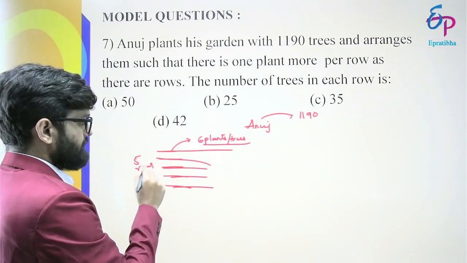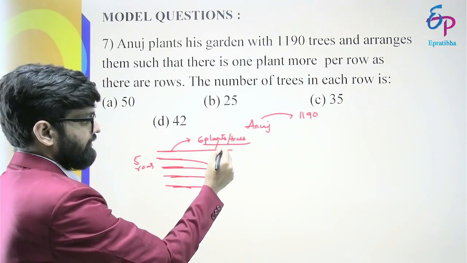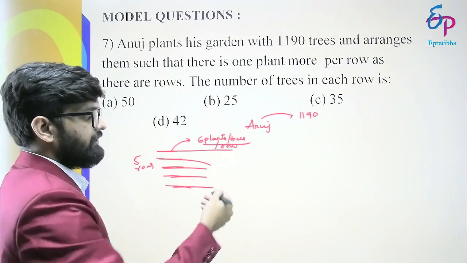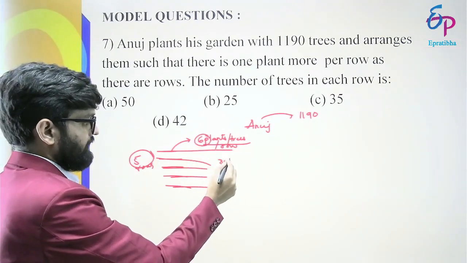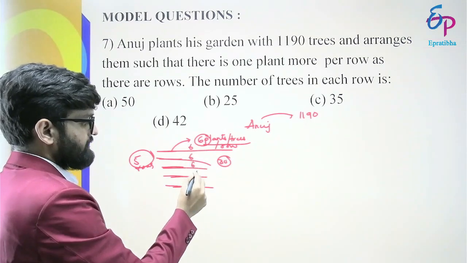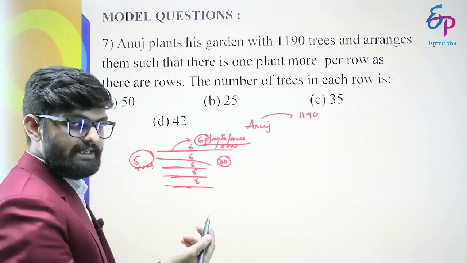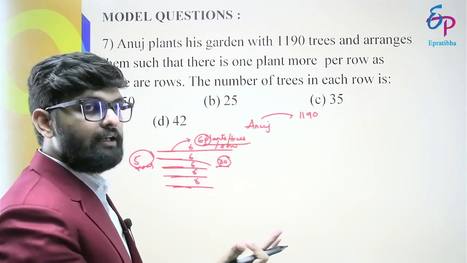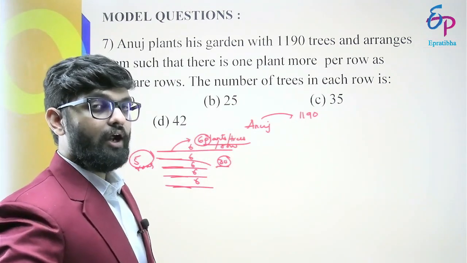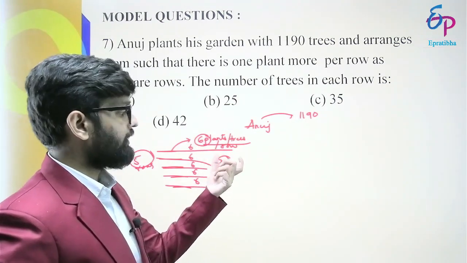Simple, 5 sixes are 30, right? Here 6 will be there, here 6, here 6, and in total 5 sixes it is 30.